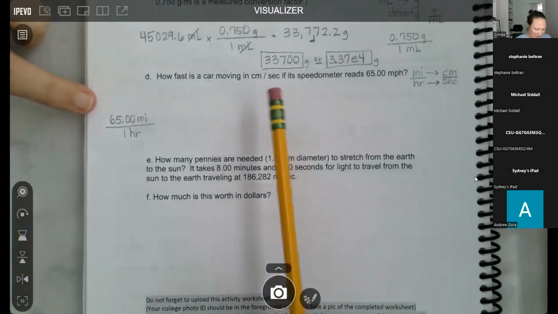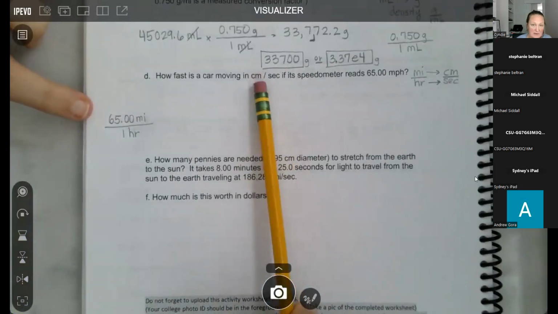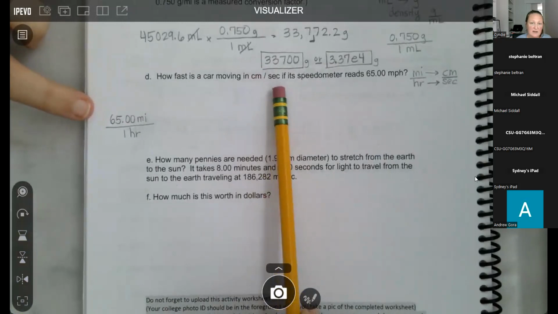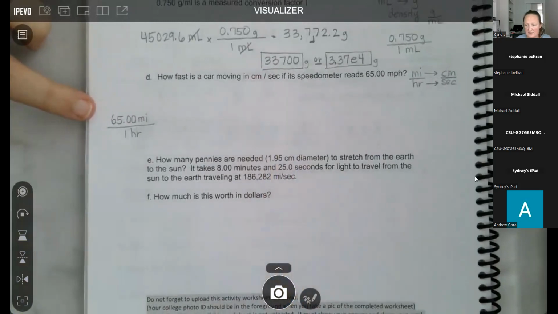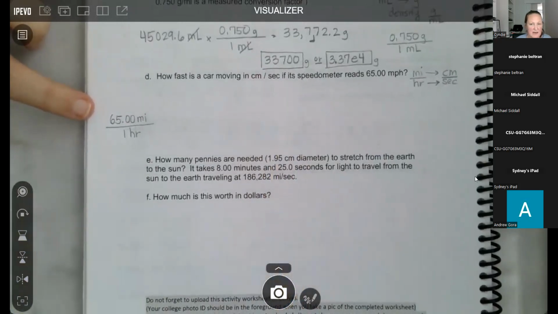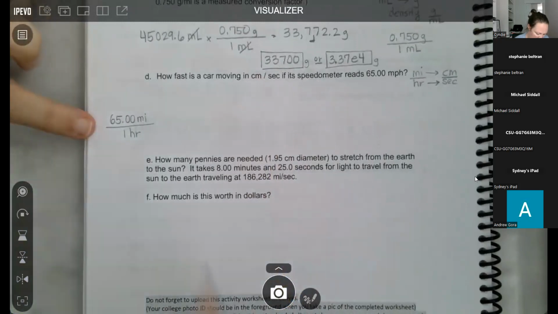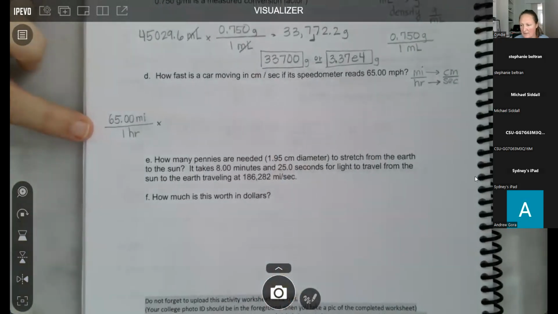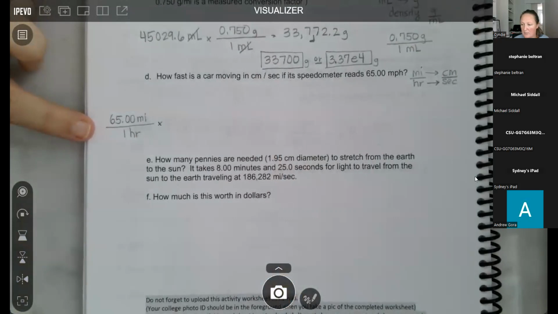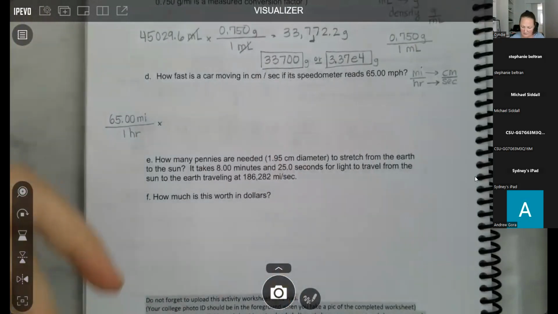I can start working on converting the miles to centimeters first, or I can convert the hours to seconds first, right? It doesn't really matter. So let's say we decide to work on the miles first. Okay, so what do we have when we look at the appendix, right? We want to do miles to centimeters.